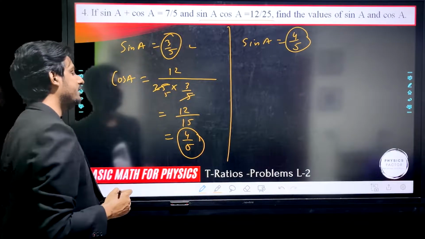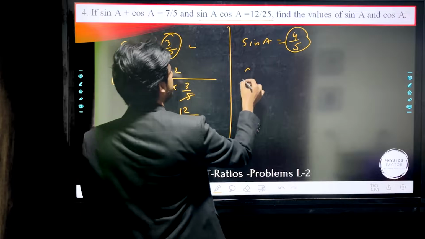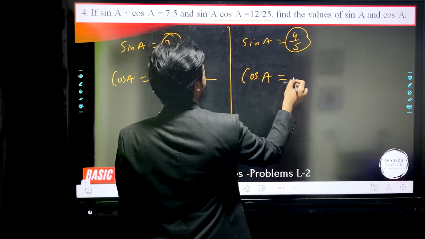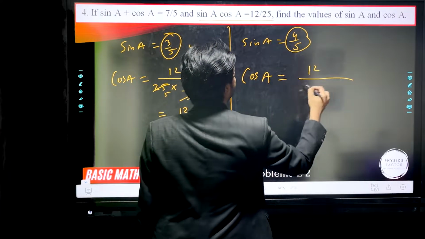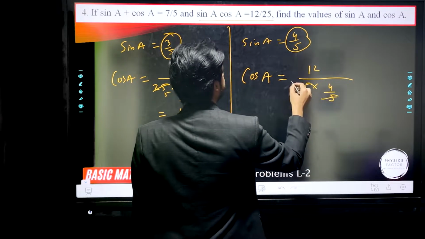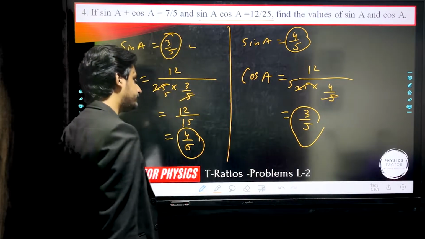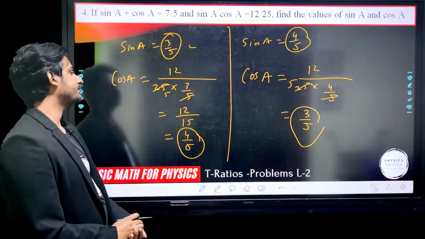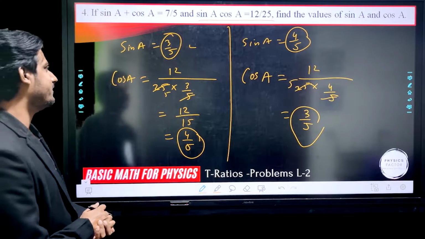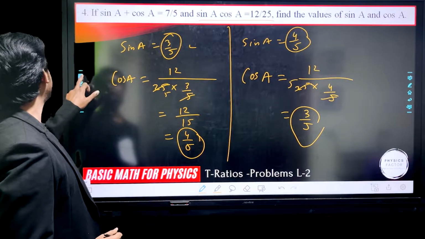So from here we get the value of cos A is 4 by 5. First let me check it again. Cos A is 12 by 25 into sine A, which is 4 by 5, which is 3 by 5. Yes, so two pairs of values of sine A and cos A we are getting from here. So that's all about question number 4.